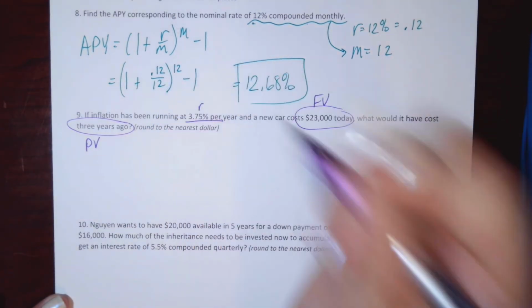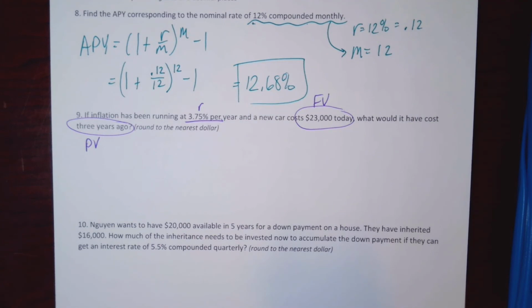We've got our rate here. It doesn't say anything about our compounding period, does it? So we're just going to use 1.